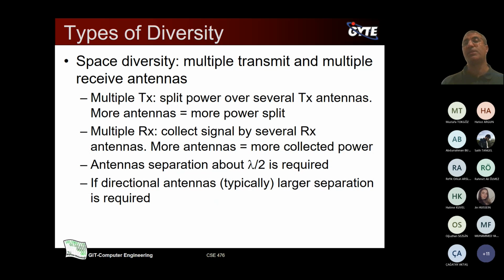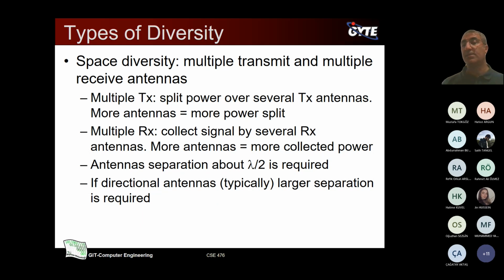At the transmitter, we have multiple antennas, 3, 4, 5, 6, whatever. So that's why we split the power over several transmit antennas. More antennas means more power split. At the receiver side, we have multiple receive antennas. We collect the signal by several receive antennas.